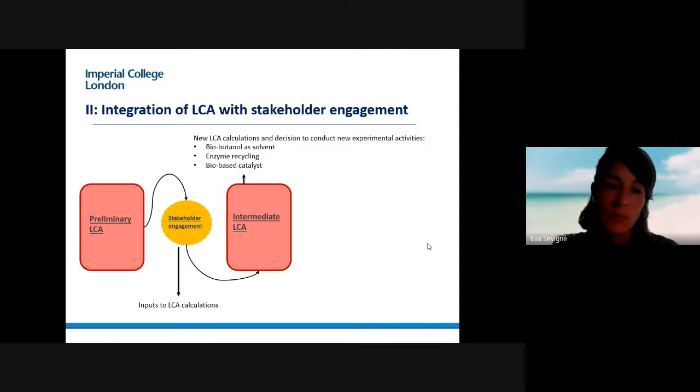The second thing that partners conducted at lab scale was the recycling of the enzyme, because originally the enzyme was recycled 8 times, and they wanted to test what happens if they recycle the enzyme 15 times instead of 8. And finally, what happens if they use, instead of a fossil-based catalyst, a bio-based catalyst.